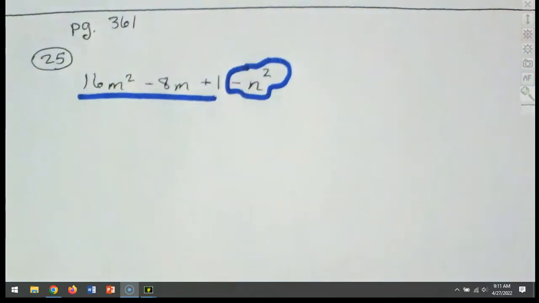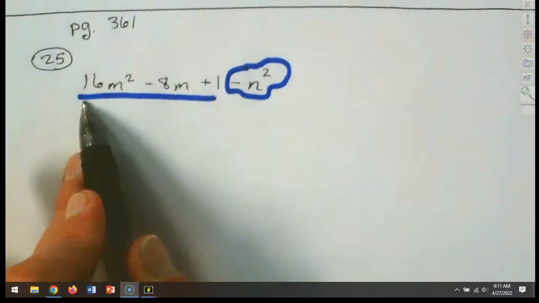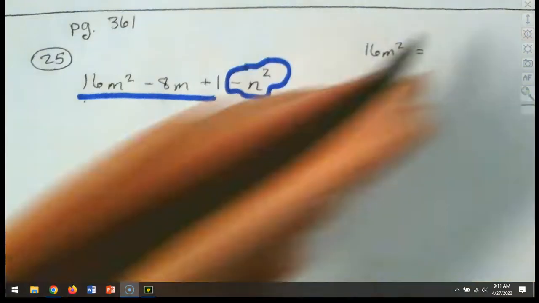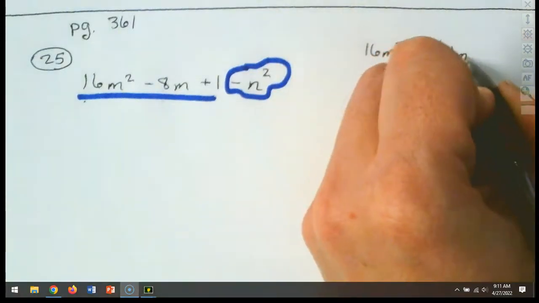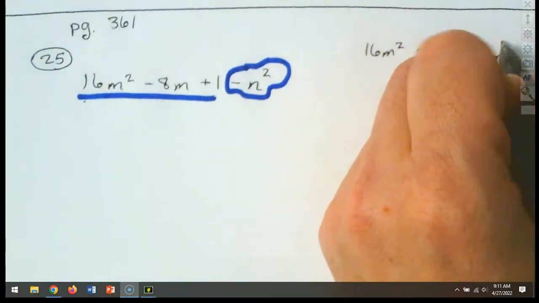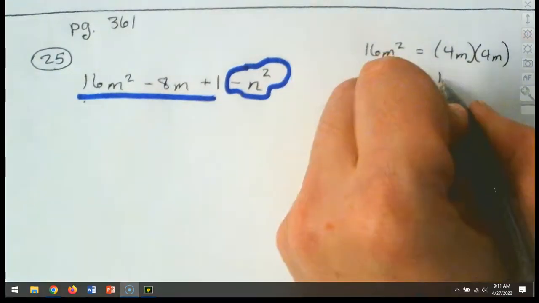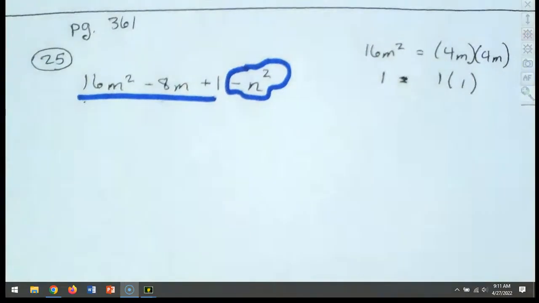Because this is like what we just did a moment ago. This is a perfect square trinomial. Because when I look at these 3 together, I notice that 16m squared is a perfect square of 4m and 4m. And 1 is always a square and a cube. 1 is the square of itself.